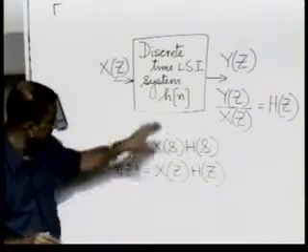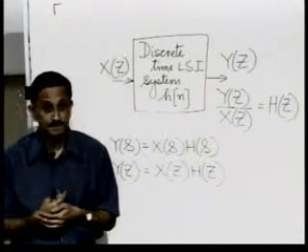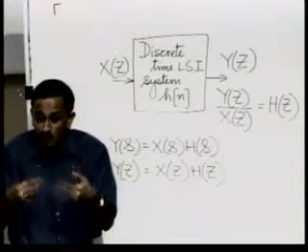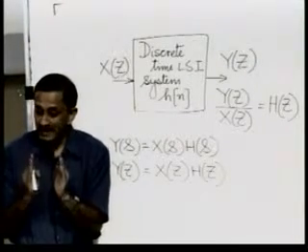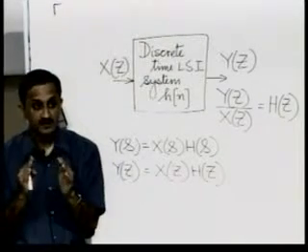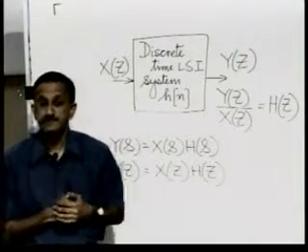Now, this makes it very useful. That is another way of interpreting the transform once again. We are removing the presence of memory. So, one can carry out the analysis of each of the components along e raised to the power of st or z raised to the power of n separately.